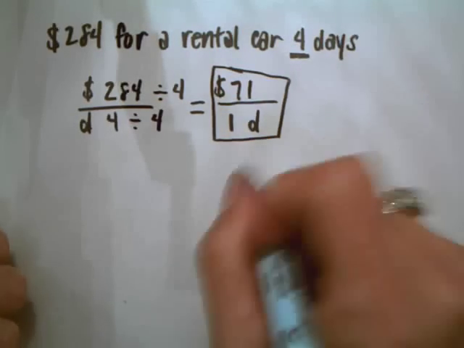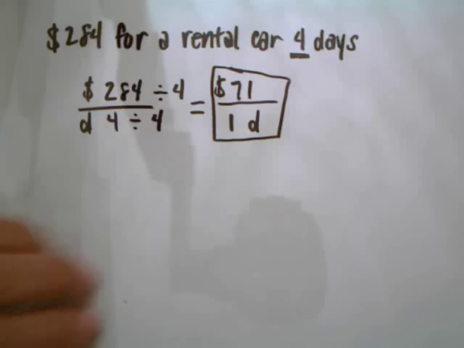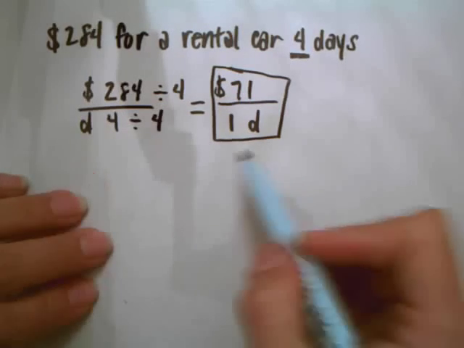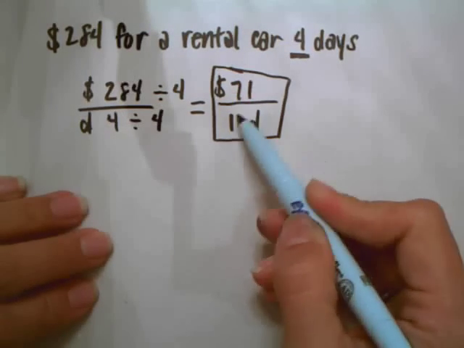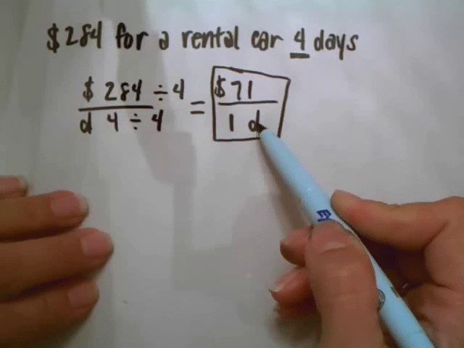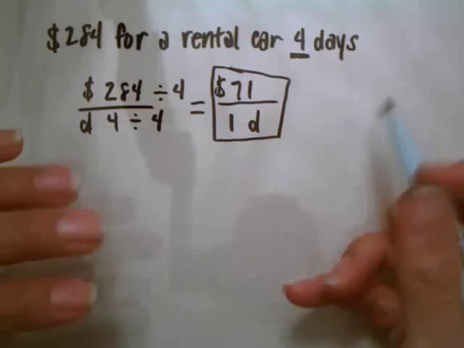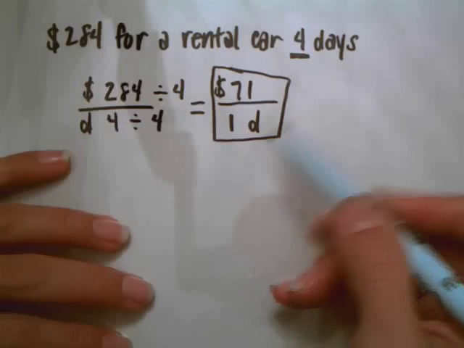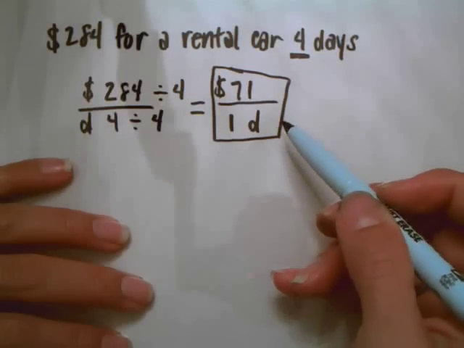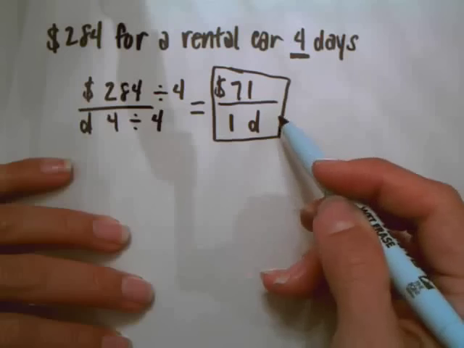Now, granted, it is like a teeny little car, but now, how do we come up with this, $71 for 1 day of renting a car? How do I figure out how much my total is going to be if I'm going to Boston for 6 days?